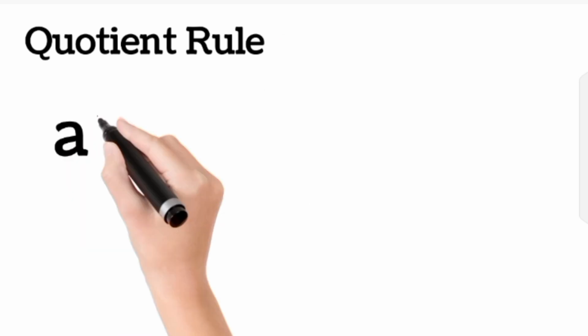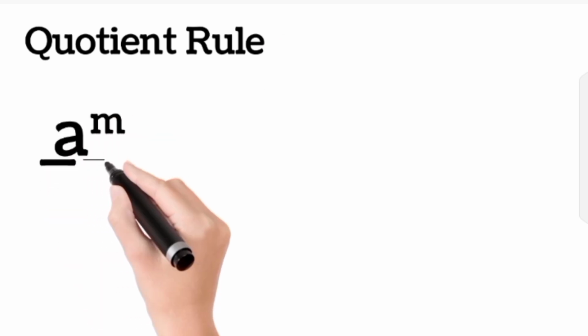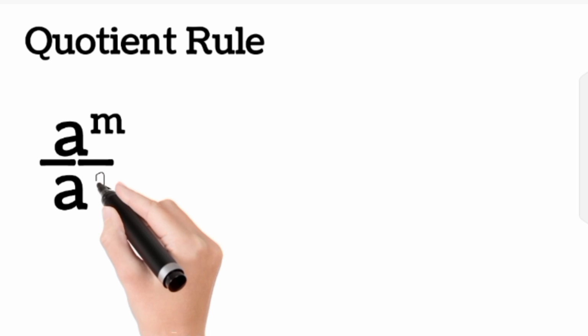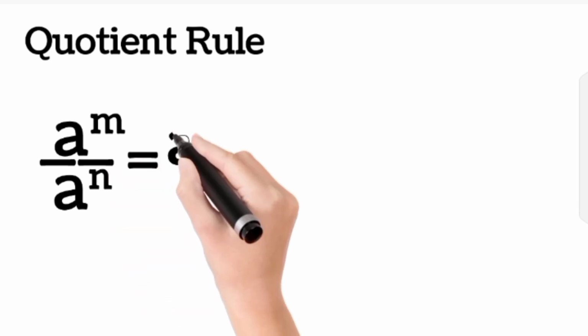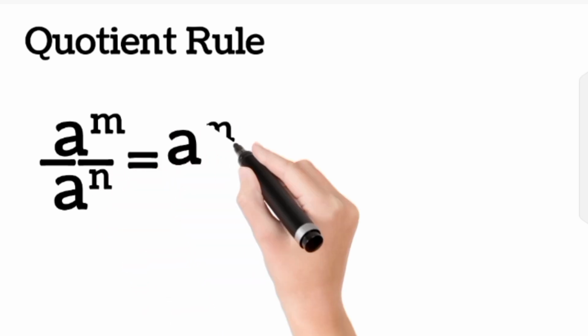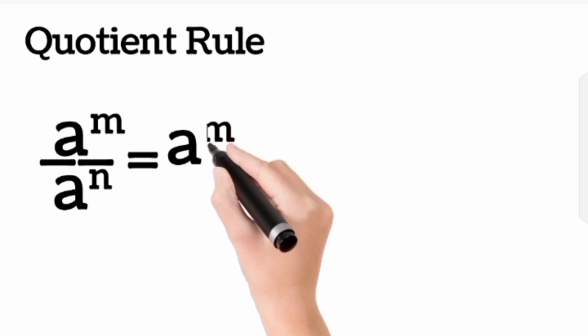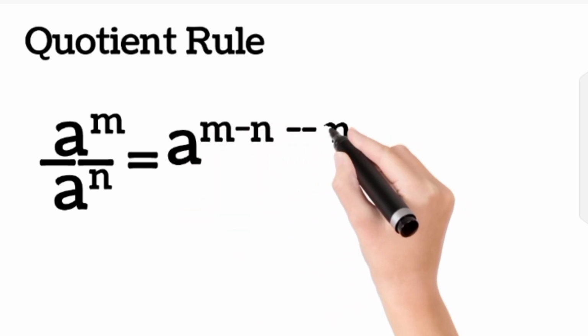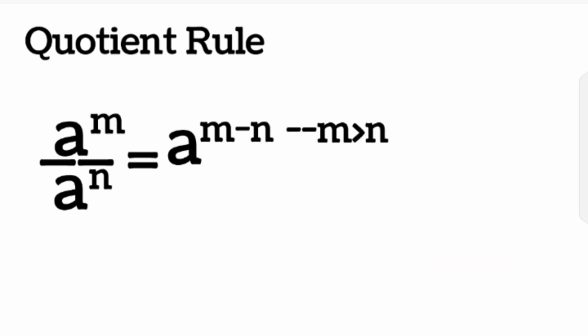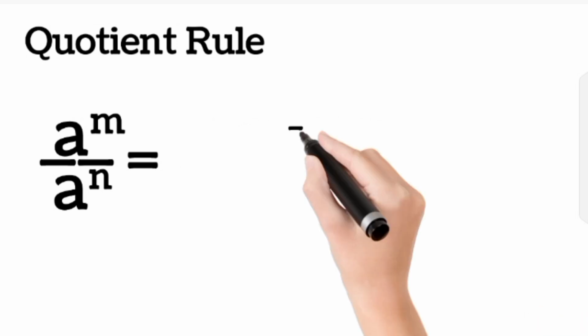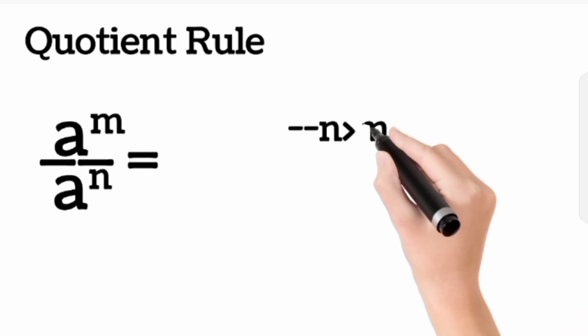If a to the power m divided by a to the power n equals a to the power m minus n, provided that m is greater than n. We had the example previously, so now the second scenario that will happen here: n is greater than m.